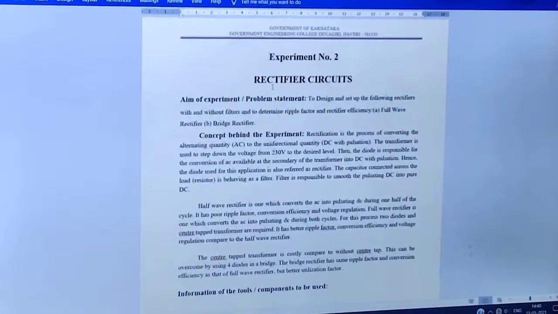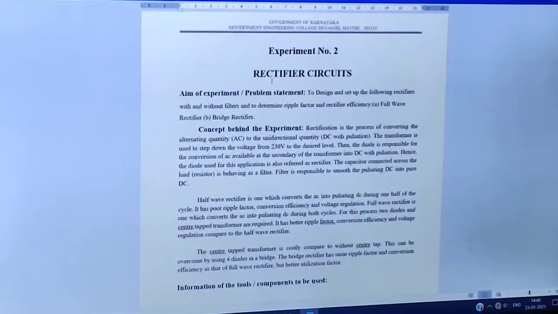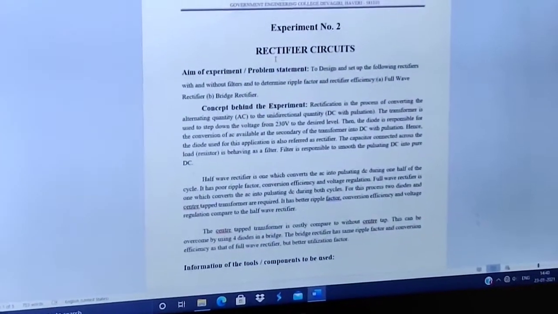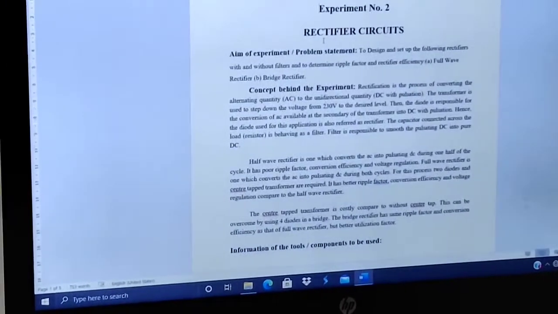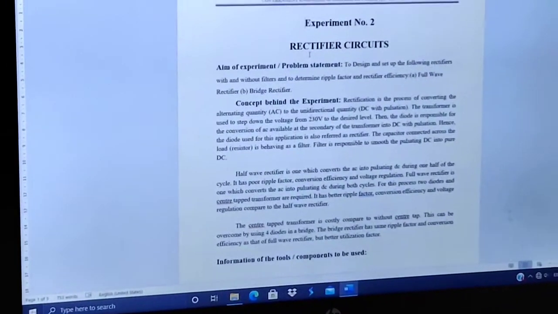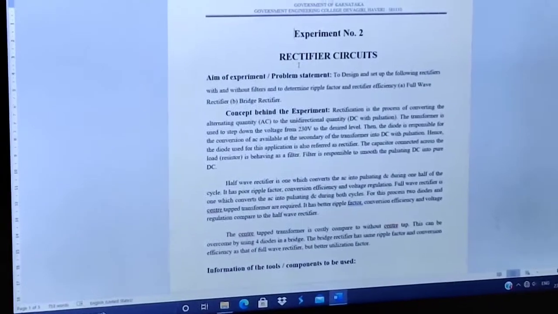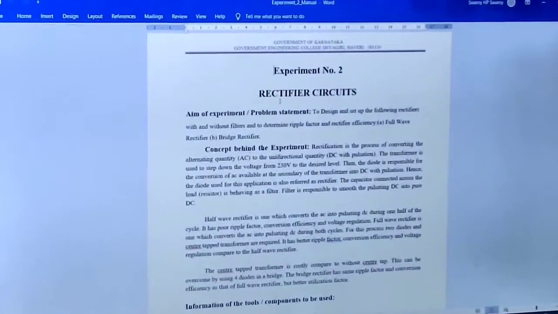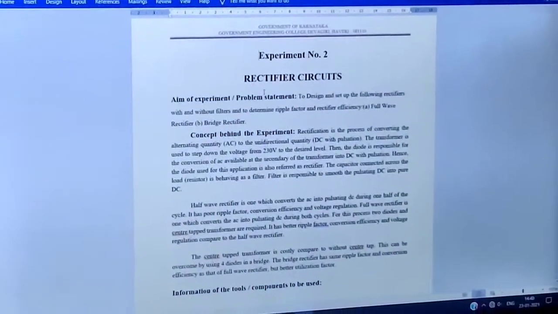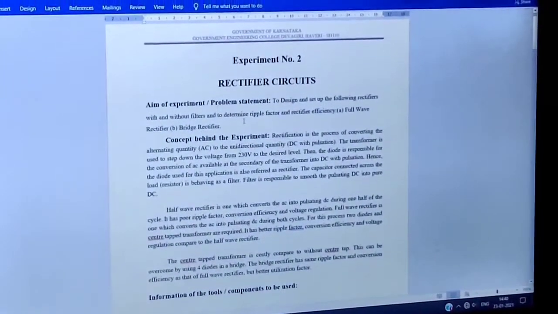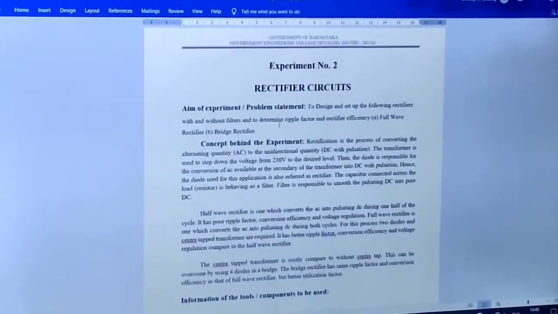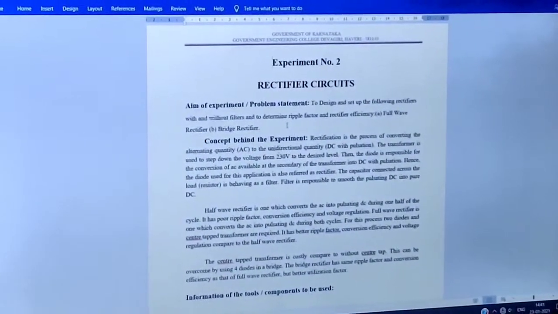Then the diode is responsible for the conversion of AC available at the secondary of the transformer into DC pulsation. Hence, the diode used for this application is also referred to as rectifier. The capacitor connected across the load resistor behaves as a filter. The filter is responsible for smoothing the pulsating DC into pure DC.